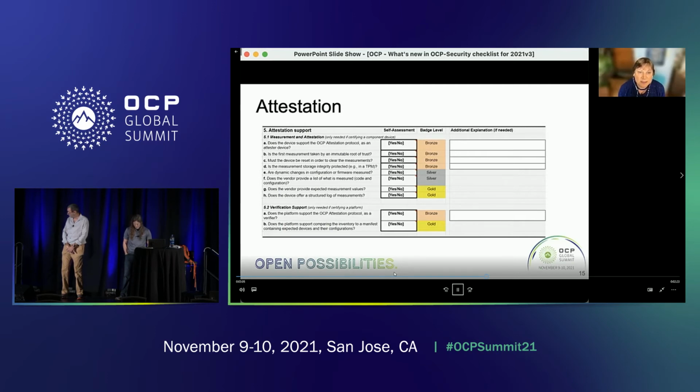5.1d says, are the measurements stored in a place that is protected from modification? And if it is modified, can you detect it?